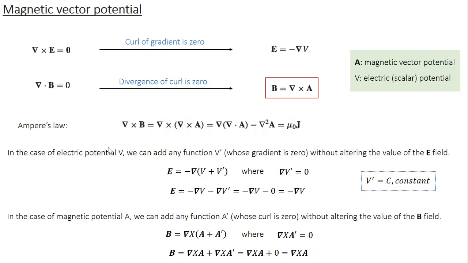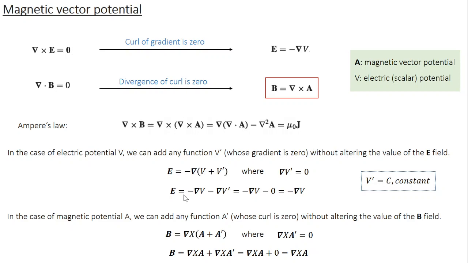Now in the case of electric potential V, I can always add another scalar function V prime without altering the value of the electric field, provided the gradient of V prime equal to 0. Let's check out how this happens. So I know that E equal to minus grad V. I am going to add a V prime to V such that gradient of V prime equal to 0.